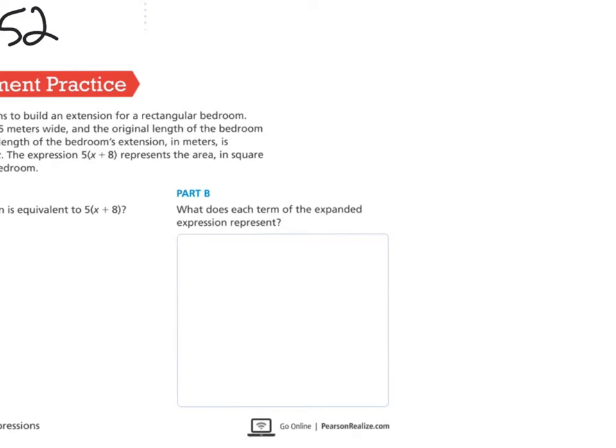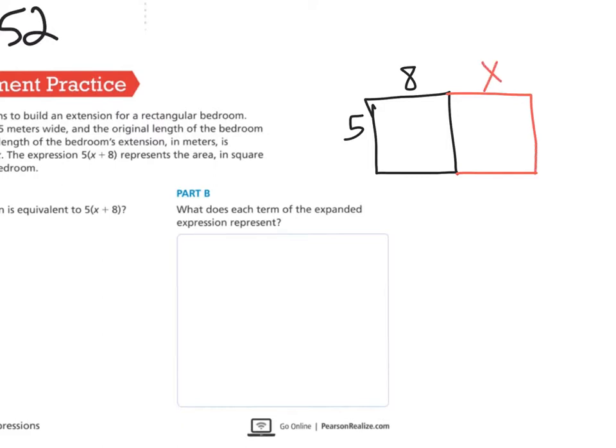In that case, we would have had to think about the original part here being 5 by 8, and then the x part getting added on over here. Okay, we could have come up with this ourselves.